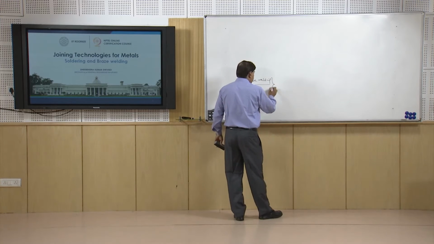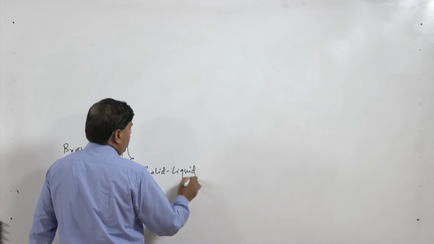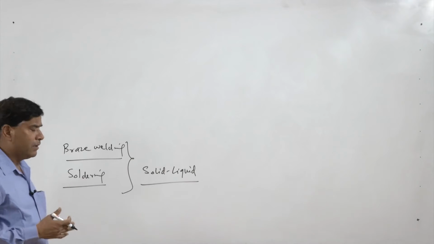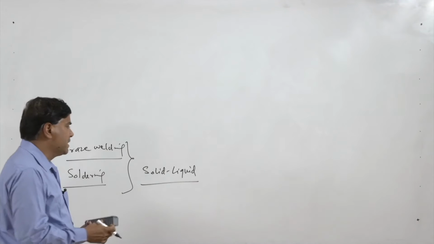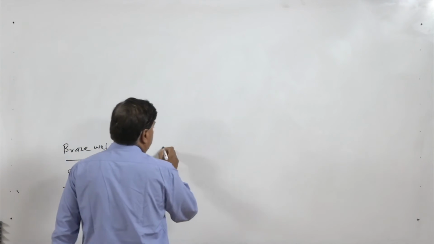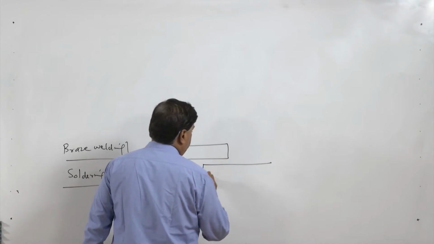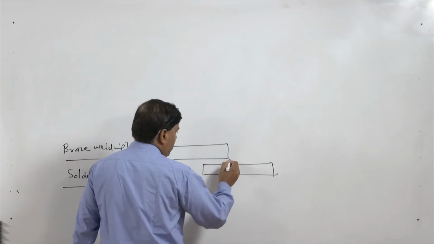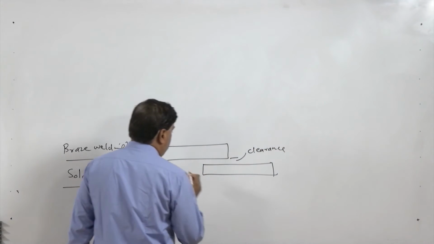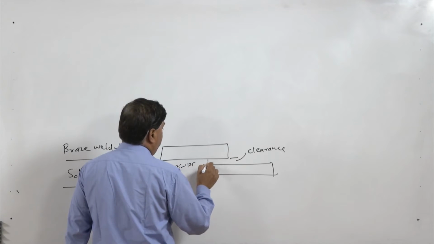However, both these processes are solid-liquid processes in which the base metal to be joined remains in the solid state, while the filler metal is brought to the liquid state for development of the joint. The thing which is important, like brazing, in soldering also the gap between the components to be joined, which is called clearance, must be very closely maintained, which is 0.075 to 0.125.